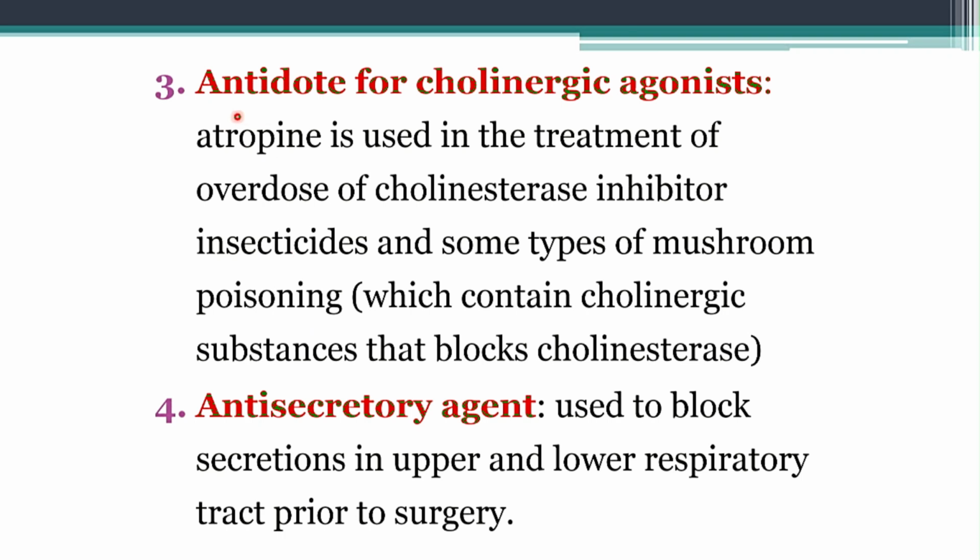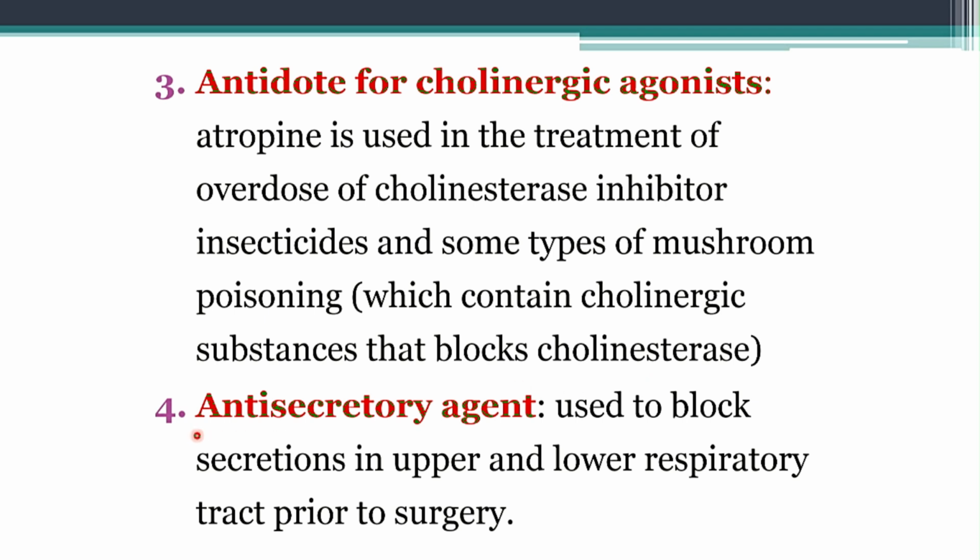The third use: it is used as an antidote for cholinergic agonists. Atropine is used in the treatment of overdose of cholinesterase inhibitors, insecticides, and some types of mushroom poisoning, which contain cholinergic substances that block cholinesterase.